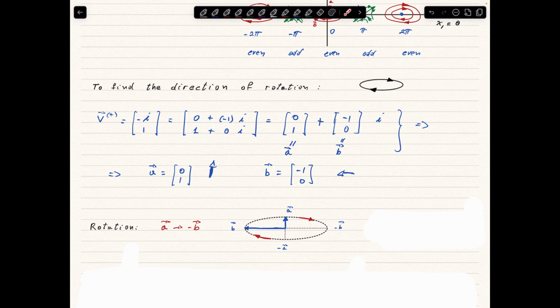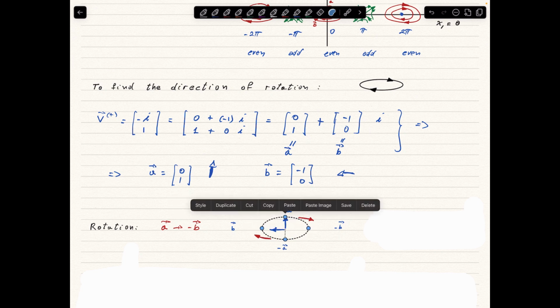I drew it too long, but I should have drawn it like a circle. Let's change that into something like this, and then let's see if we can change this ellipse into more like a circle.